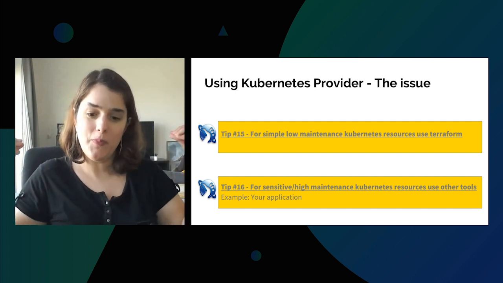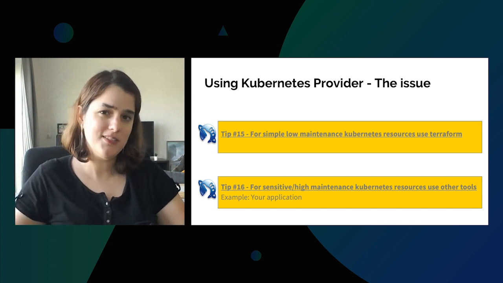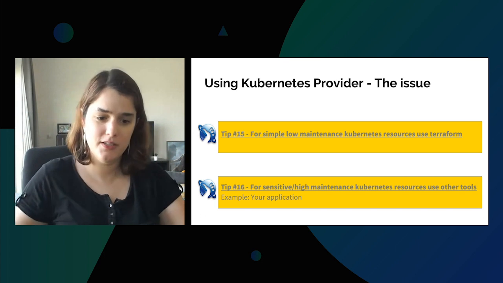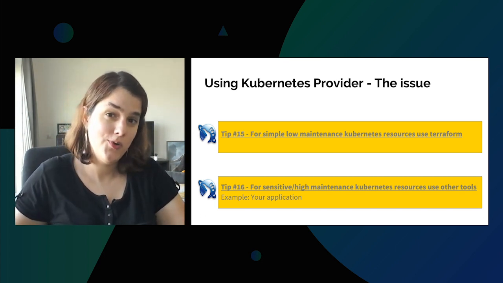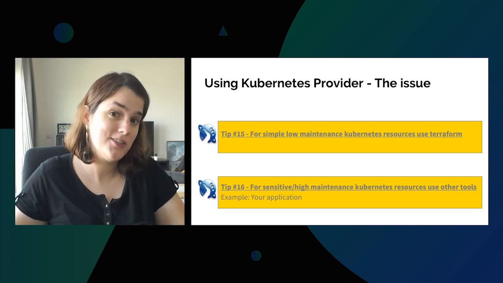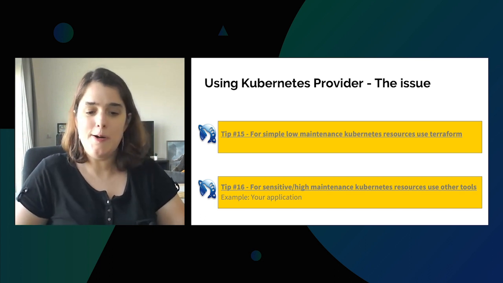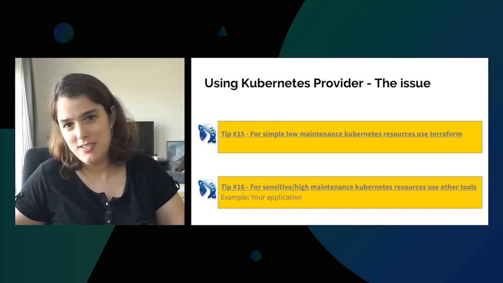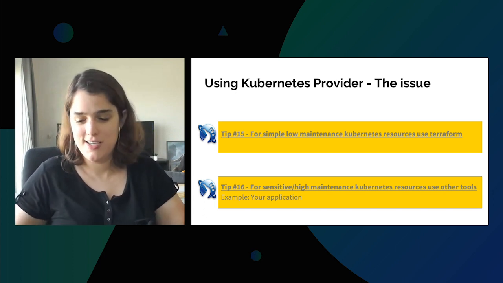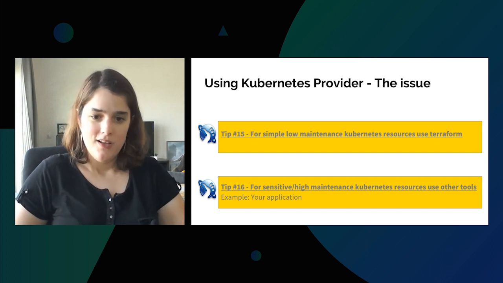But for more complex deployments, like your application itself, where you need YAML, you need flexibility, and etc., I would advise using another tool or even continue using the new resource. So that is what my conclusions on that were.